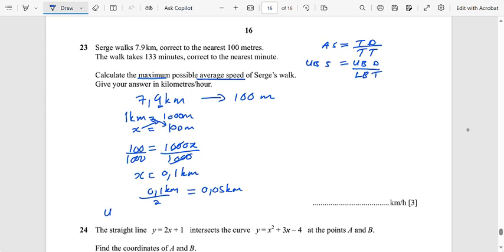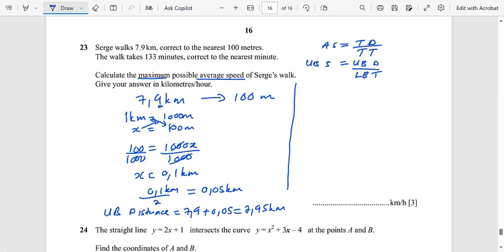So I would then say the upper bound distance is equal to 7.9 plus 0.05, which is equal to 7.95 kilometers.